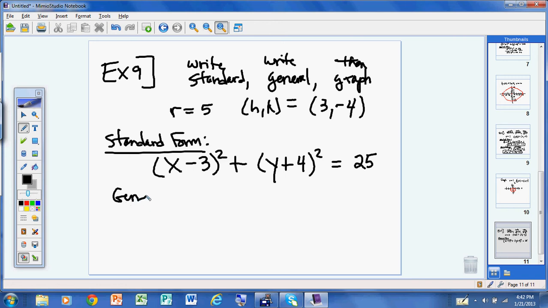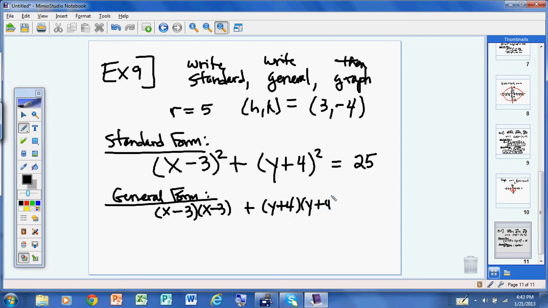And from that, we can get our general form. Okay, because we've got x minus 3 times x minus 3, and then we're going to add to it y plus 4 times y plus 4, and then eventually we will subtract the 25 from the right side.